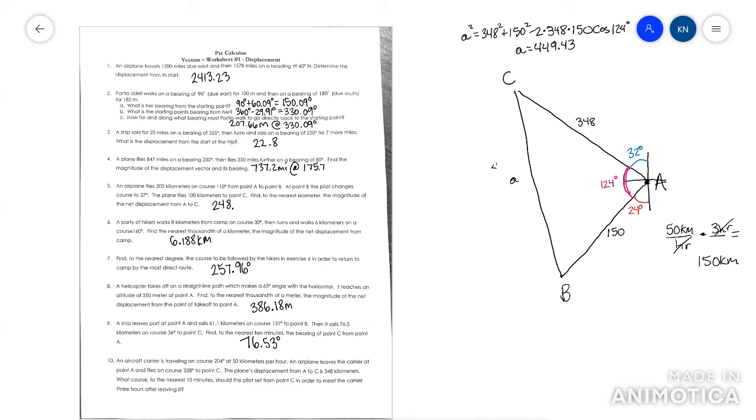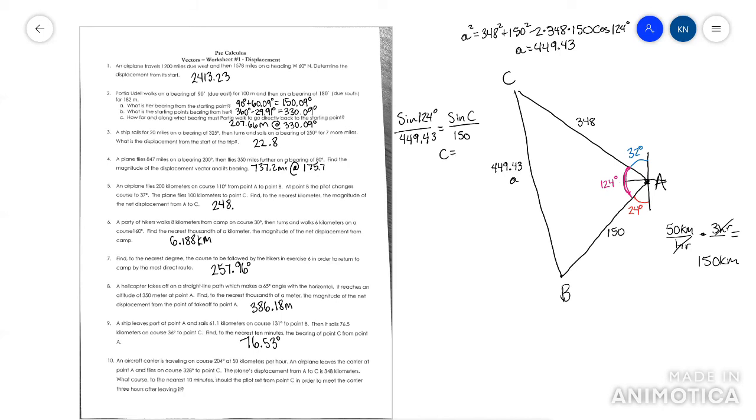So this over here is 449.43. All right, now I'm going to go ahead and do law of sines to get these other angles, because I feel like I'm going to need them. So it's going to be sine of that 124 to the 449 equals sine of C to 150.